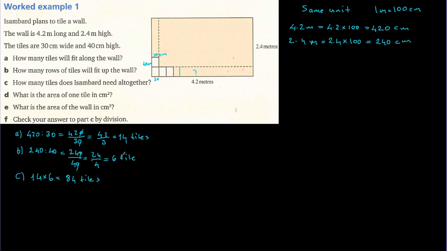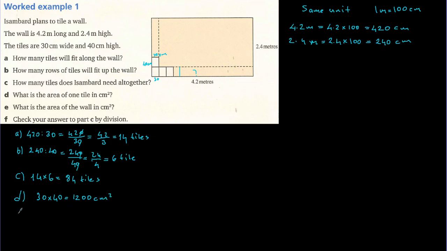Okay, what is the area of one tile in centimeters square? One tile is 30 times 40, which is equal to 1200 centimeters square.